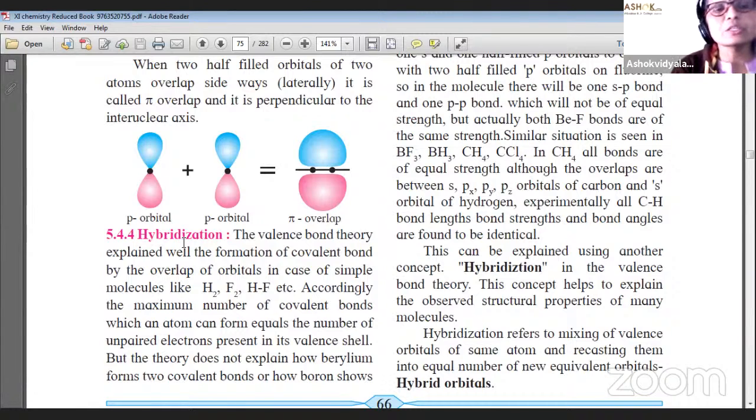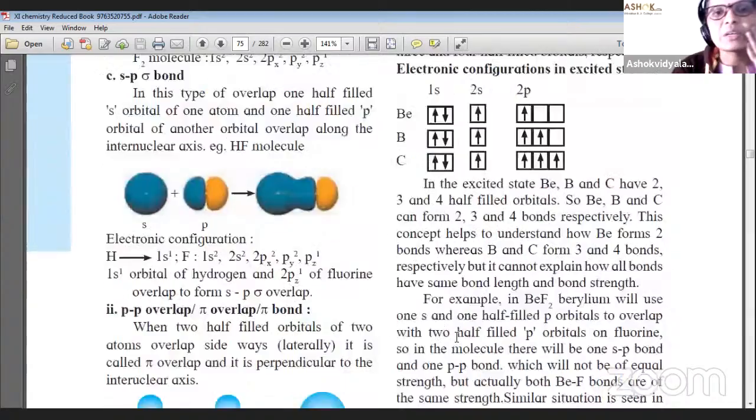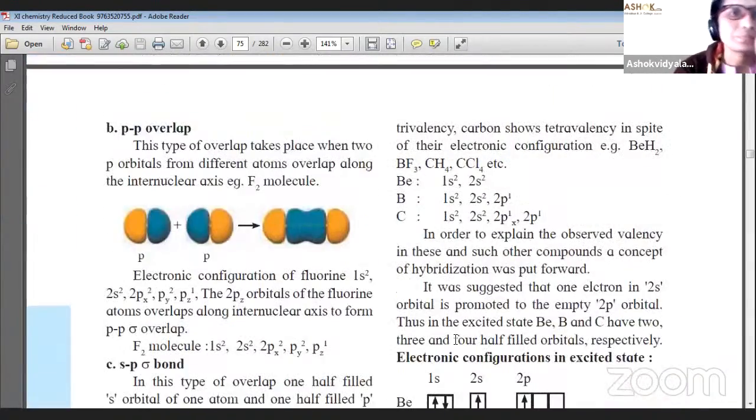And so this new concept of hybridization was introduced later on. We'll see what is meant by hybridization. The formation of BF3, boron trifluoride, or the formation of the molecule of CH4, methane, or carbon tetrachloride cannot be explained with the help of just valence bond theory.